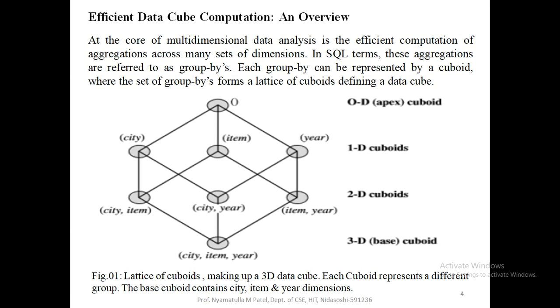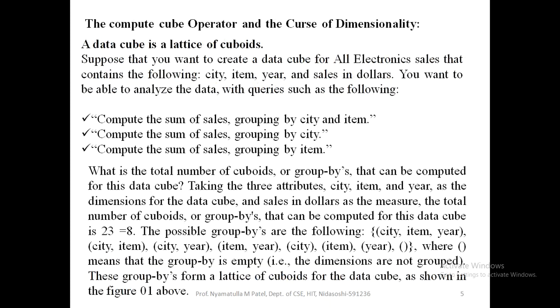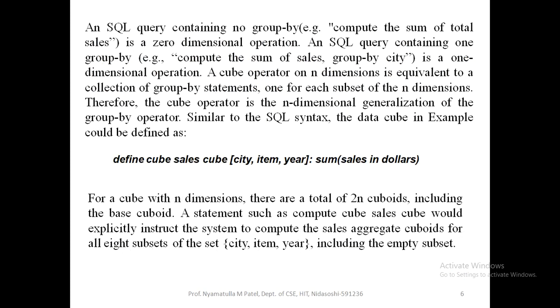A cube operator on n dimensions is equal to the collection of group by statements, one for each subset of the n dimensions. Therefore, the cube operator is the n dimensional generalization of the group by operator.